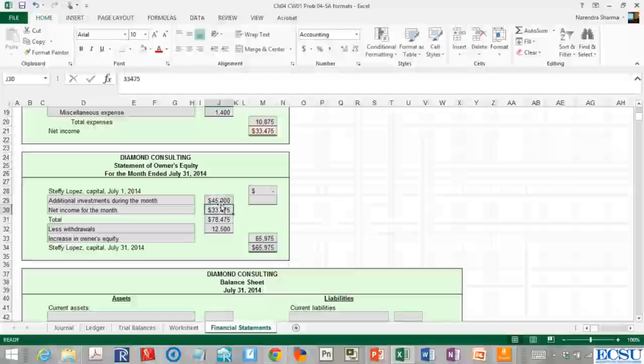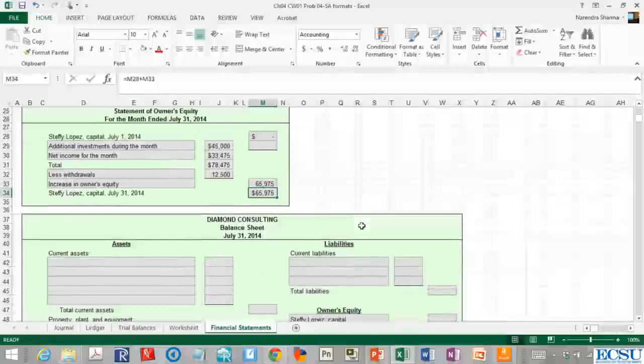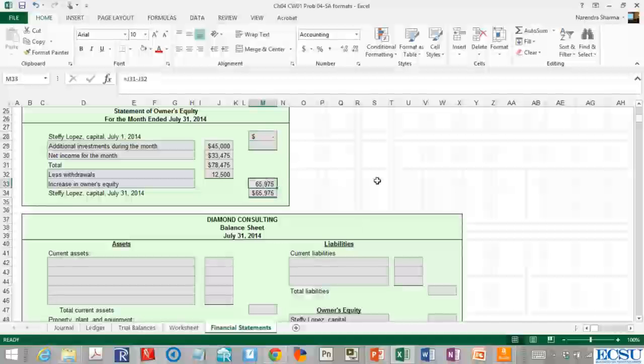Okay, the total will now work out to be, additional investment was 45,000, not 4,500. Net income was 33,475. Total was 78,475, and drawings was 12,500. So therefore, net increase in the capital would be 65,975, and that would be the end of 0 plus 65,975 will be the ending capital.